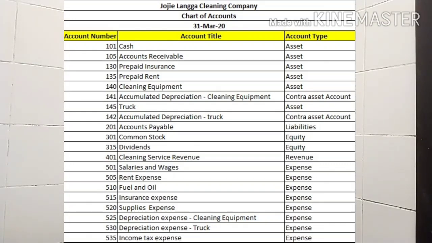Let's start with the groups of accounts: asset, liabilities, equity, revenue, and expense. So how many groups of accounts do we have? Asset, liabilities, equity, revenue, expense. We have 5 main groups of accounts.